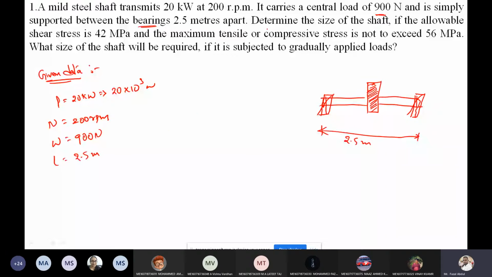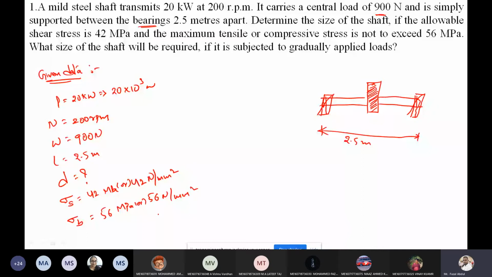Now the question is asking: determine the size of the shaft, D is equal to how much, if the allowable shear stress is 42 megapascal, or else we can write 42 Newton per mm square, and the maximum tensile or compressive stress, nothing but bending stress, is not to exceed 56 megapascals, or else we can write 56 Newton per mm square.